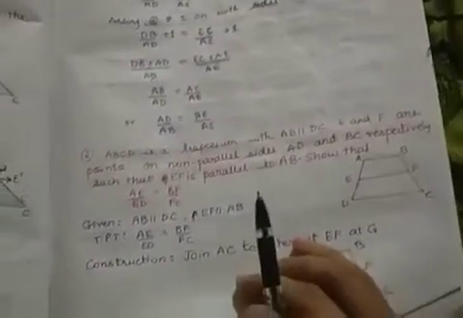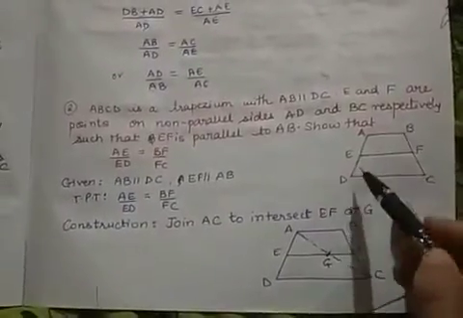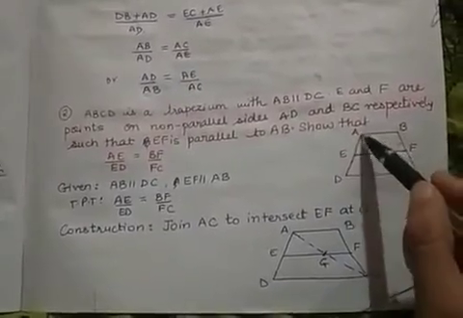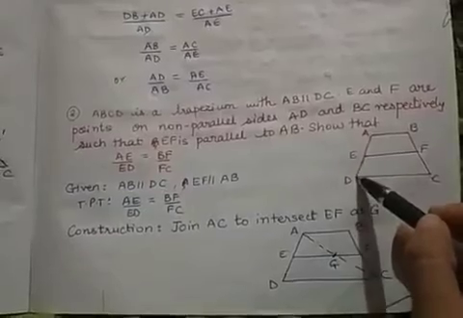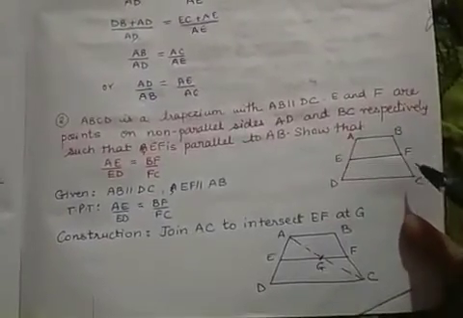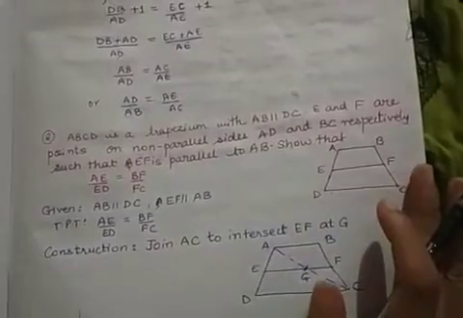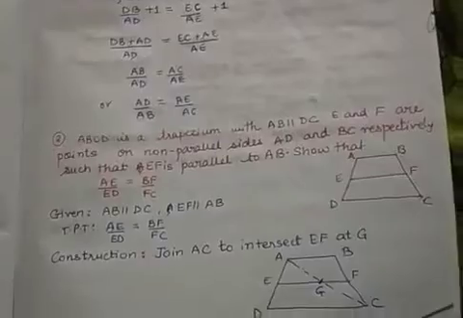So first let us write down what is given to us. It is given that AB is parallel to DC and EF is parallel to AB, and we have to prove that AE upon ED is equal to BF upon FC. Now you can use the basic proportionality theorem if you have triangles given to you, correct?